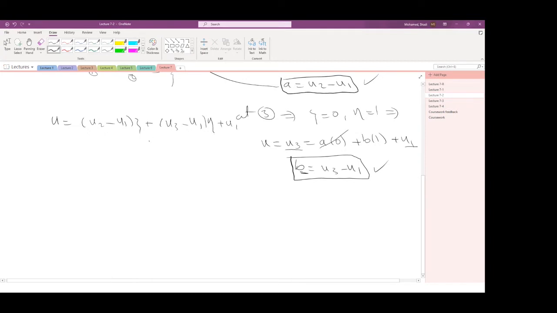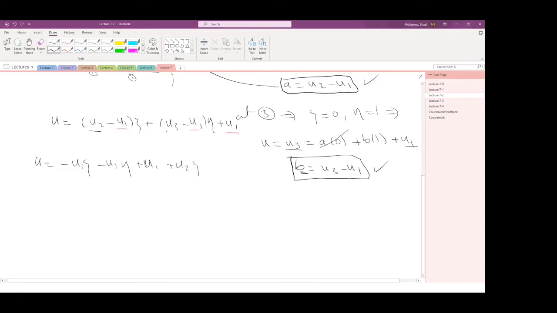Now, just like I did in the past, I'm going to put everything to do with u1 first. This term includes u1, this term includes u1, and this term includes u1. So I have minus u1 xi minus u1 eta plus u1. And then everything to do with u2, I put second, is only one term. It is u2 xi.